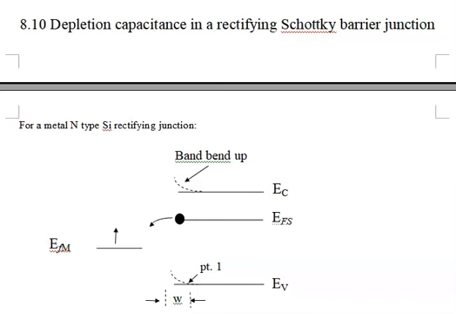Okay, so just to review again, I think reviews are good. There is a desire for electrons to flow from the silicon into the metal, driven by the fact that the Fermi levels are different. As electrons go from the silicon into the metal, the Fermi level in the metal goes up, and we create a depletion region with an electric field. The electric field goes from right to left, which would push holes in that direction, but pushes electrons in the opposite direction.